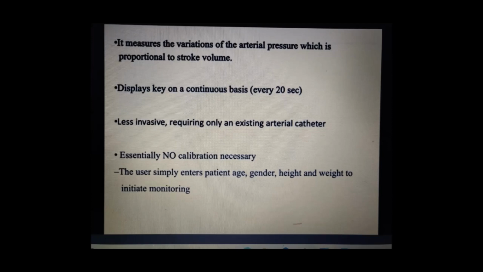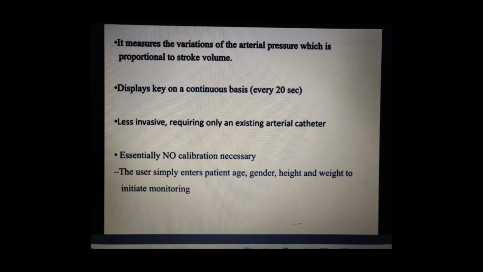In this arterial waveform pulse contour analysis, we are talking about the pulse contour, and the pulse contour analysis derived variables such as cardiac output. Here, there is no transpulmonary circulation involved. It is 2000 points which are analyzed on the arterial pressure tracing, mainly the systolic portion of that curve. So here there is no calibration necessary.